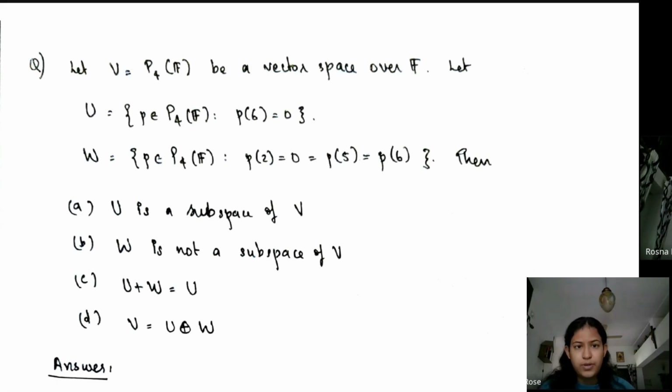W is the collection of polynomials which have P of 2, P of 5, and P of 6 equal to 0. Then which of the following is correct? A, U is a subspace of V. B, W is not a subspace of V. C, U plus W equals U. And D, U direct sum W equals V.